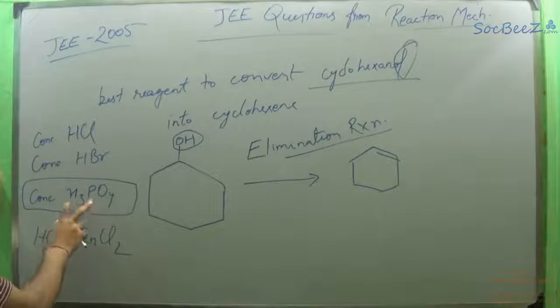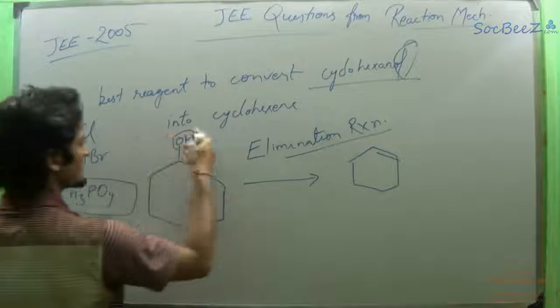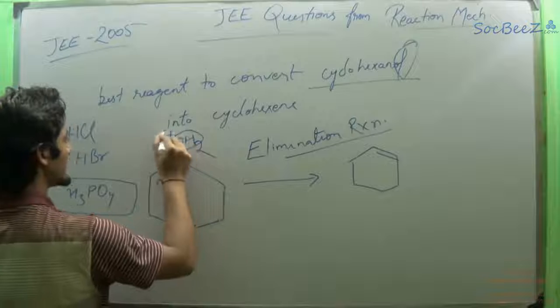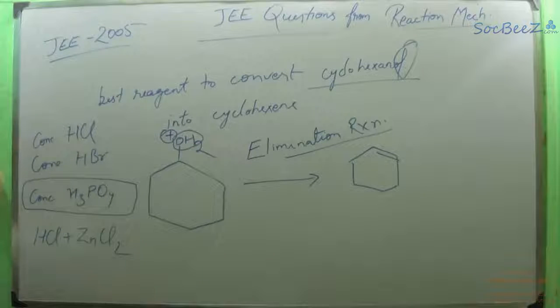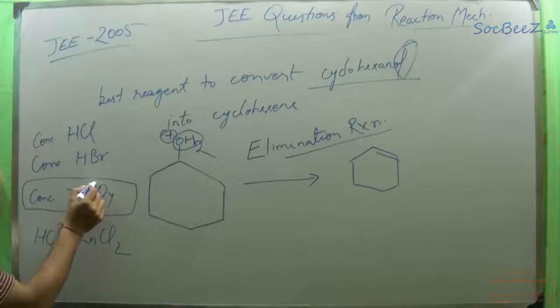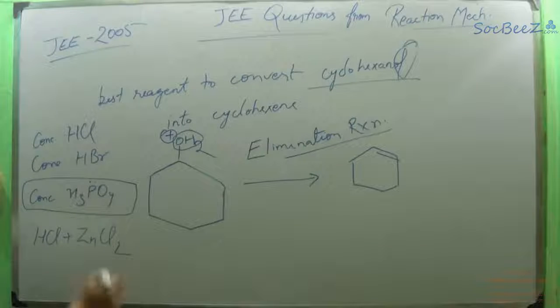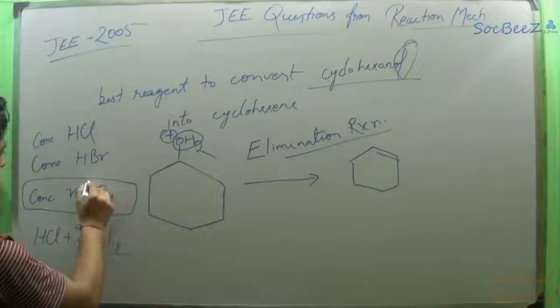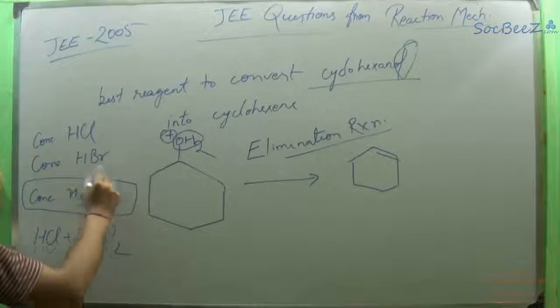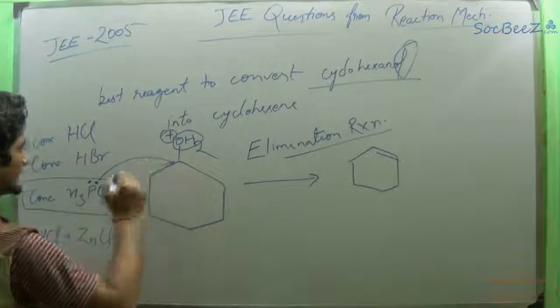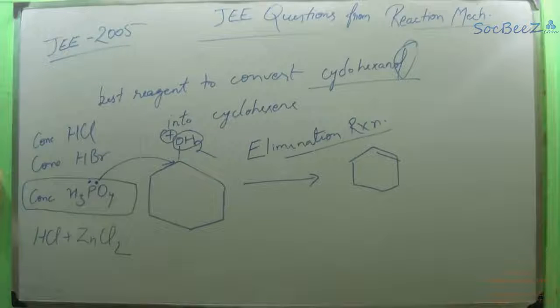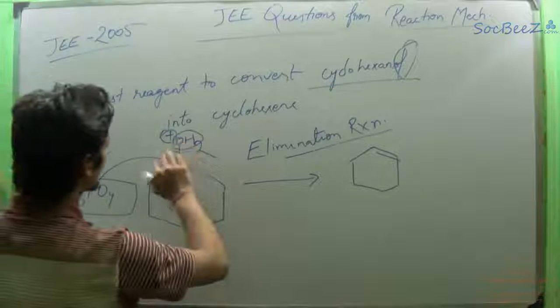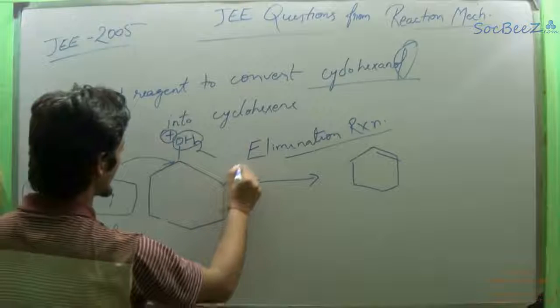Because it is a good acid, so it can protonate the OH to make it OH2 plus, as well as it has phosphorus which has special affinity to O, as well as it has lone pairs which can attack this H to help in forming this alkene. So it can act as a group which can eliminate OH2 much better.